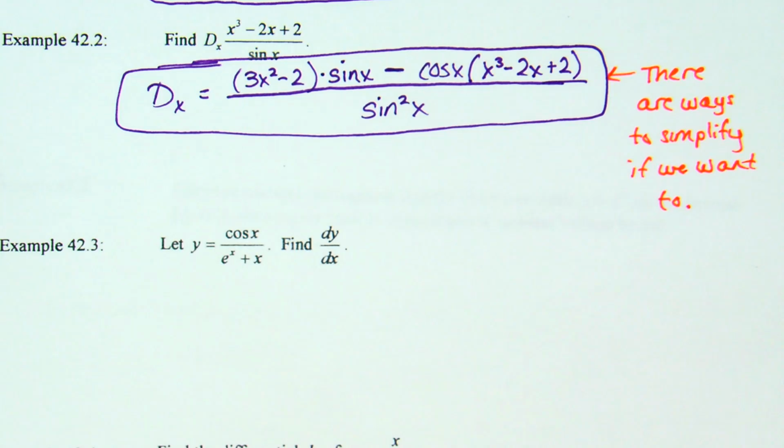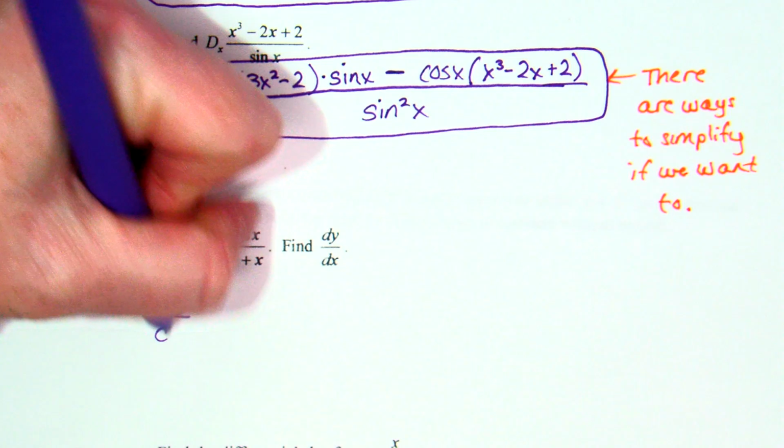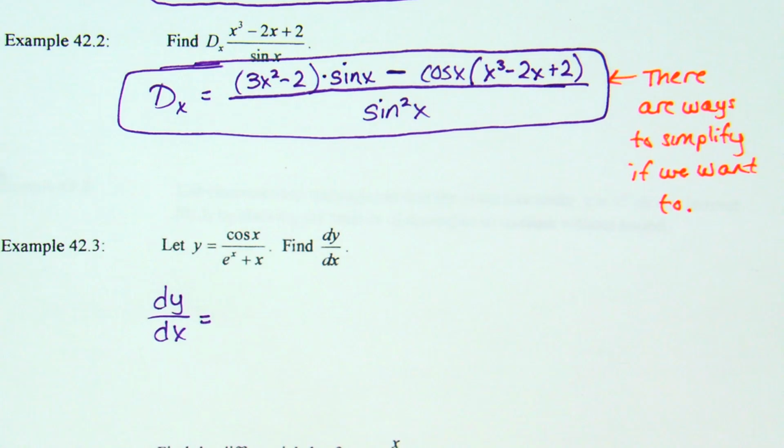Questions? Shall we do number 3? You guys are extra quiet today, I feel like. Okay. Let y equal cosine x over e to the x plus x. Find dy dx. Take me through it.